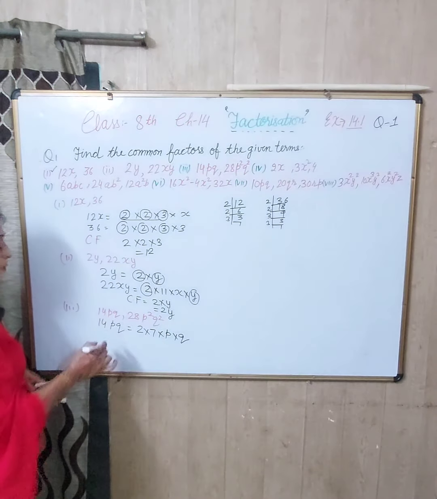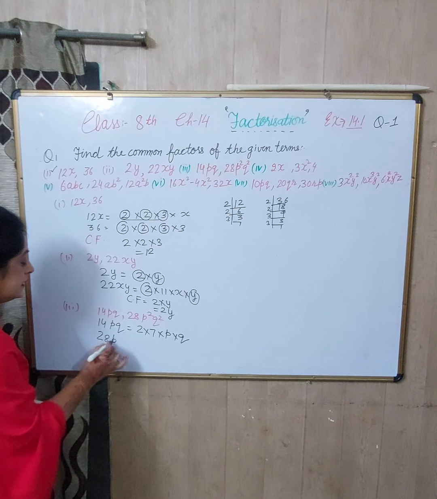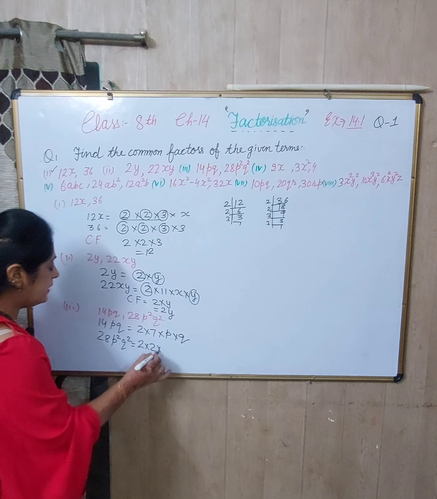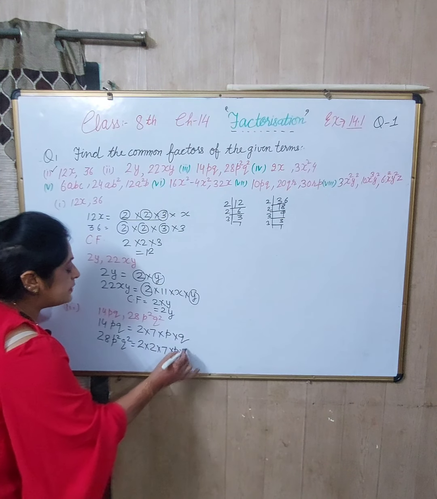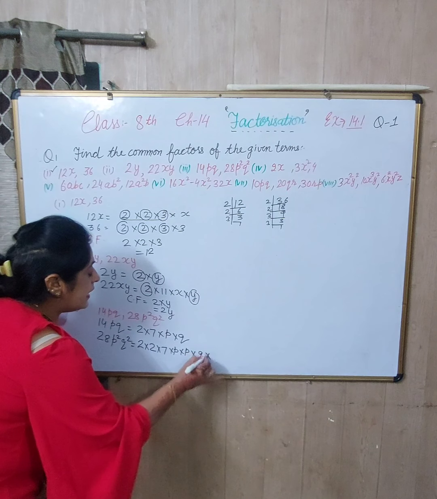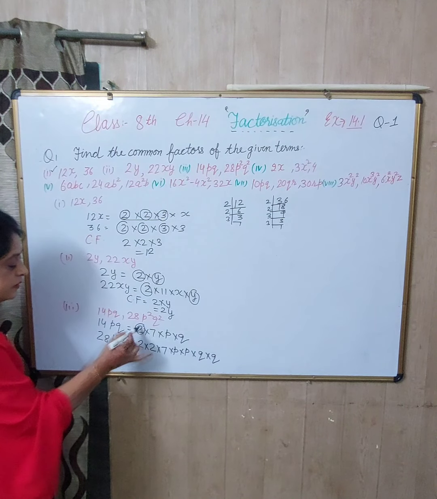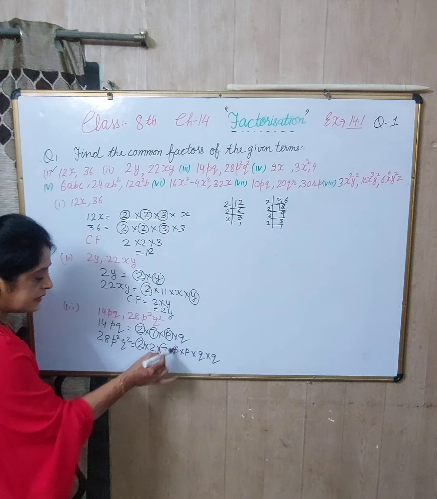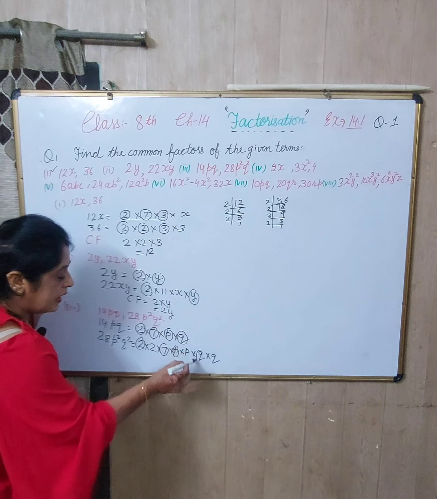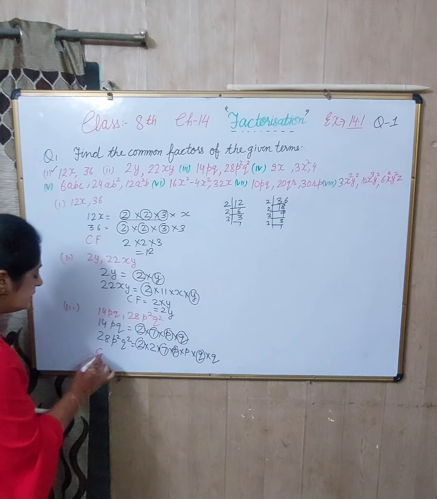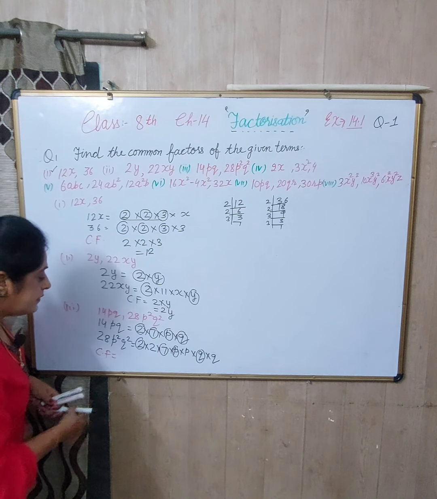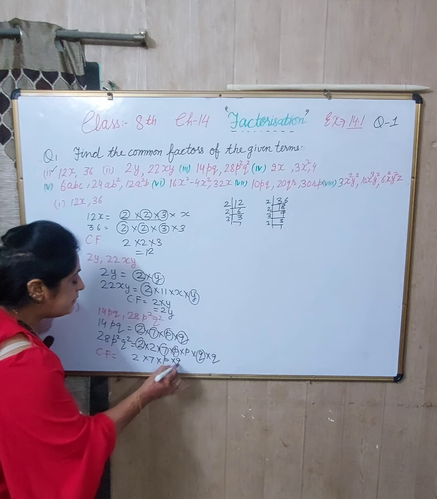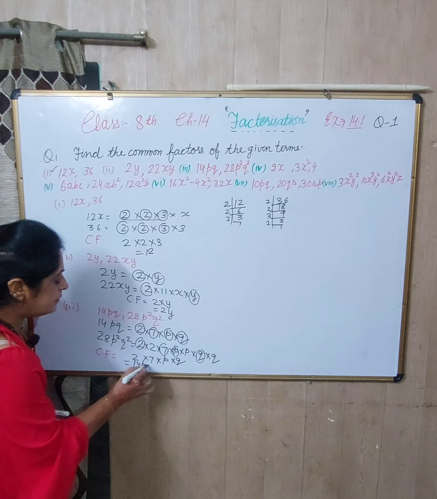Now 28 p square q square is 2 multiply 2 multiply 7, p square means p 2 times multiply itself, and q 2 times. What is common? This 2, then this 7, p is there and in the second term p is there, q and q. Now the common factor will be 2 multiply 7 multiply p multiply q. Your answer will be 14pq.